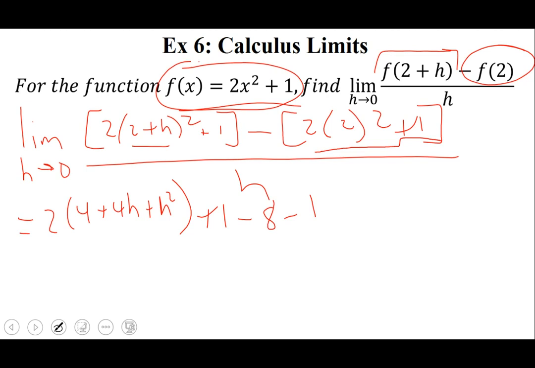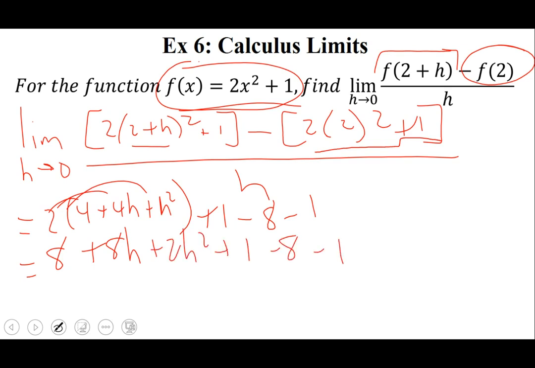Okay, so then, and it doesn't matter if you calculate first and then distribute, or if you distribute like this. Again, saving a little bit of space, if you distribute now this 2, that is going to give you 8 plus 8h plus 2h squared plus 1 minus 8 minus 1.